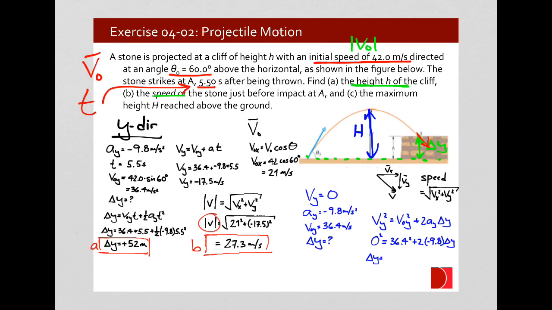We find that delta y is 67.6 meters, which is the displacement up to where we stop moving in the y direction, which is the top of the arc, and thus that is that capital H, the highest that we go.